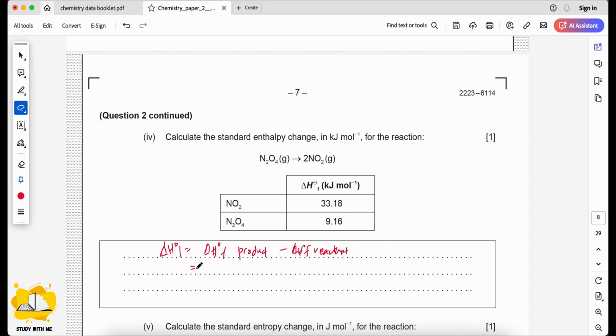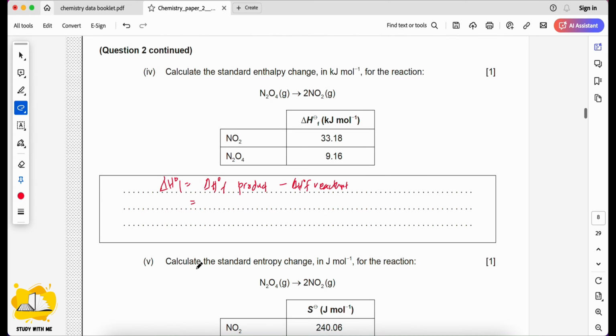So that would be 2 times 33.18, because the coefficient is 2, minus 9.16, which is 57.20 kilojoule per mole.